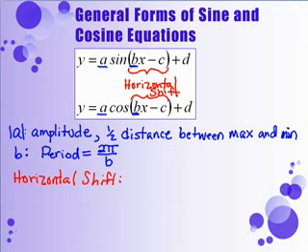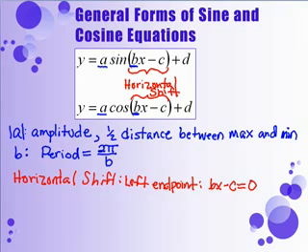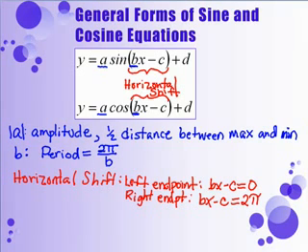So in order to get the left endpoint of one cycle, you set bx minus c equal to 0, and then you solve for x. For the right endpoint, we're going to set bx minus c equal to 2 pi, and then solve for x again.